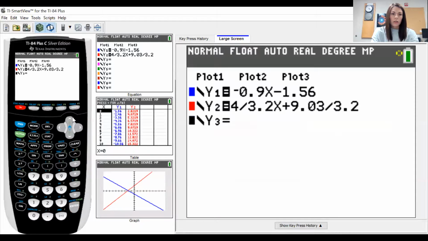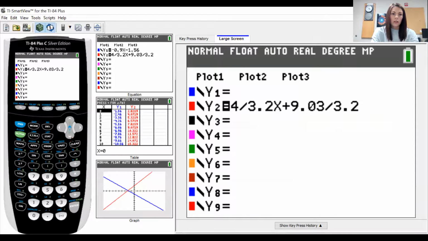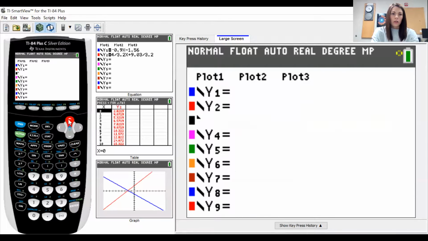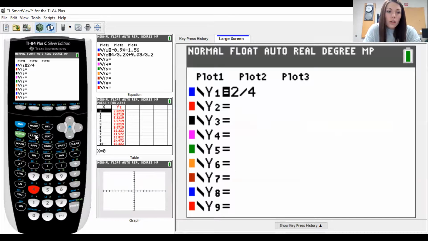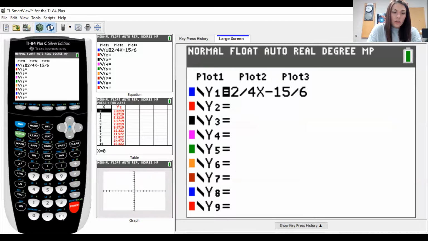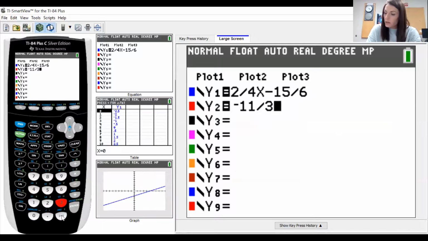Okay. So now let's go back to our graph, and go back to Y equals and clear out what's in there. And my first equation is 2/4 x subtract 15/6. And my second equation is using the negative button, negative 11 thirds x plus 8 thirds.